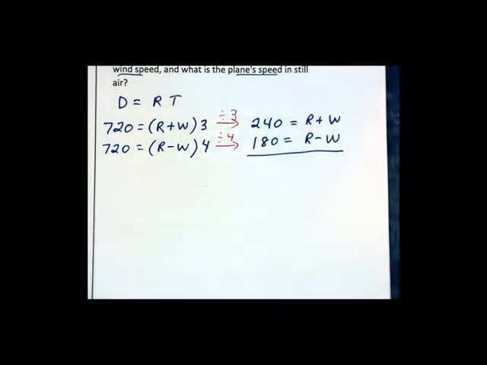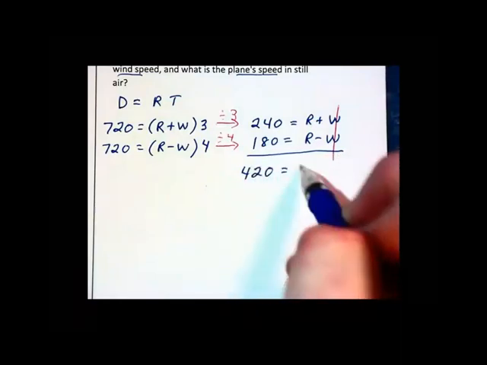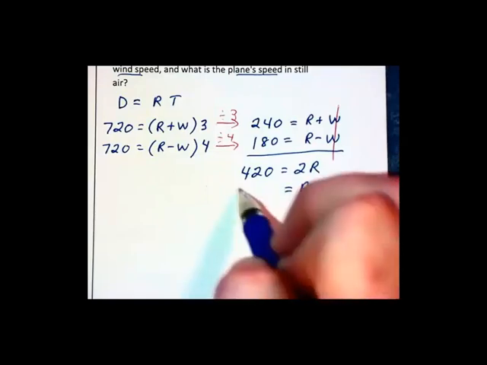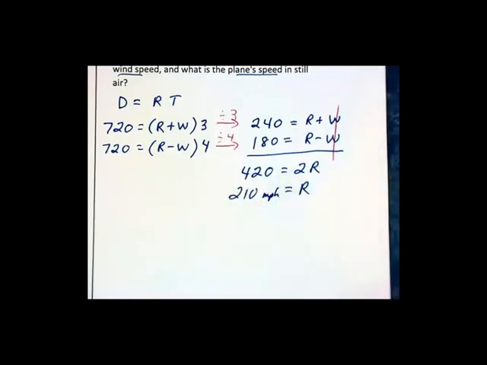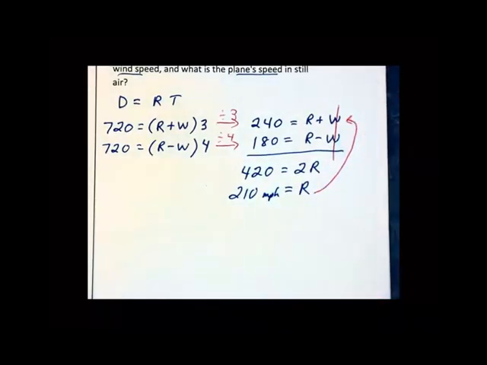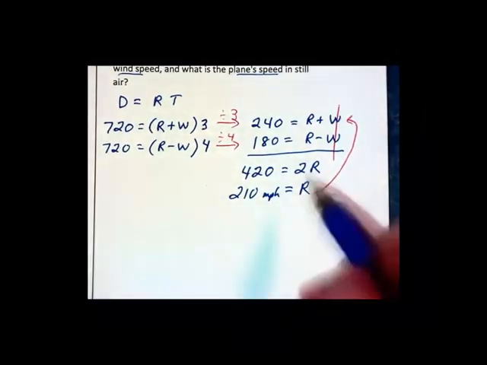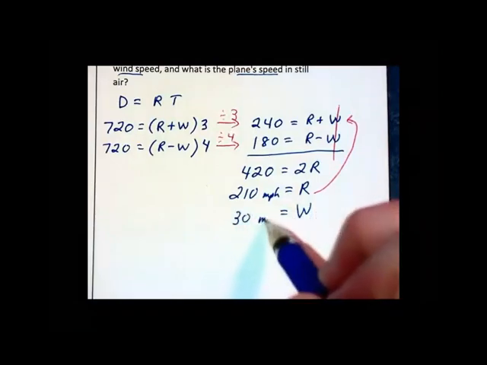Adding the two equations, the w's cancel. We're going to get 420 is equal to 2r. Dividing by 2, we get r is equal to 210. Again, this is miles per hour. And I'm going to substitute into the top equation there. 210 plus what makes 240? That would be a wind speed of 30 miles per hour.